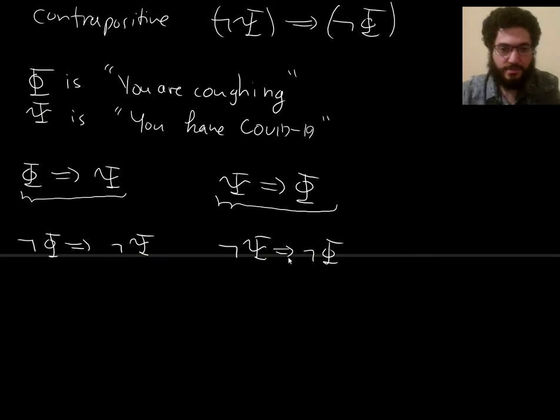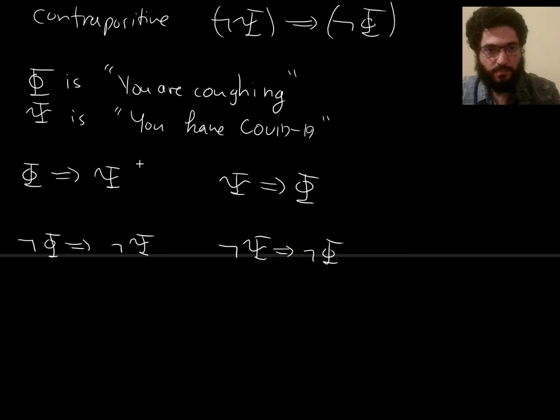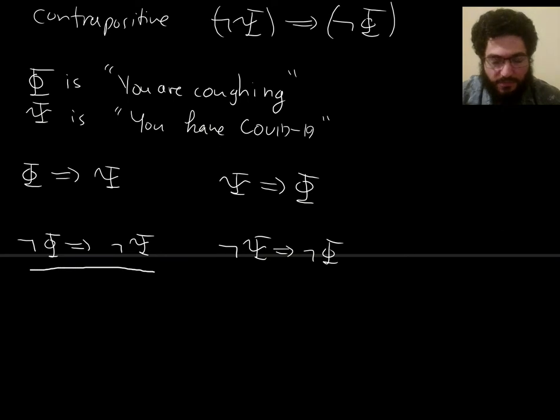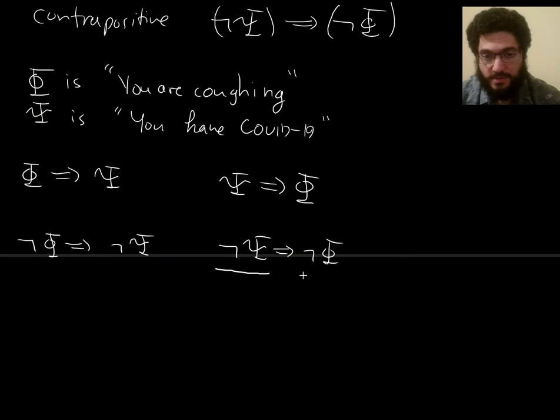Let's think about these two also in relation to them. So this one says if you're not coughing, then you don't have the virus. You don't have COVID-19. This one says if you don't have the virus, then you're not coughing. So for similar reasons, these two are definitely different.